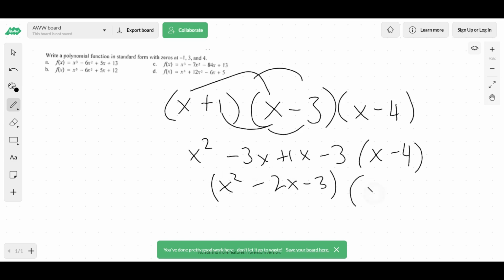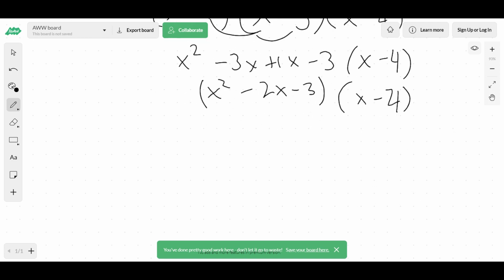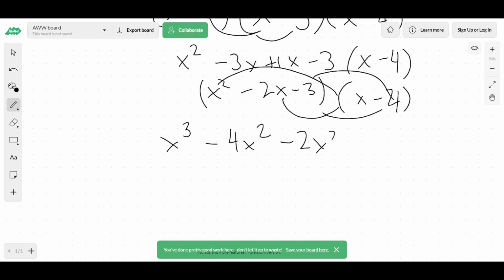And now we're going to distribute this with x minus 4, so I'm going to need some more room, so let's go down here. And then again, you're going to multiply this out, so that's going to give you x to the third minus 4x squared, then these two, so that's -2x squared plus 8x, and then these two, and that would be -3x plus 12.